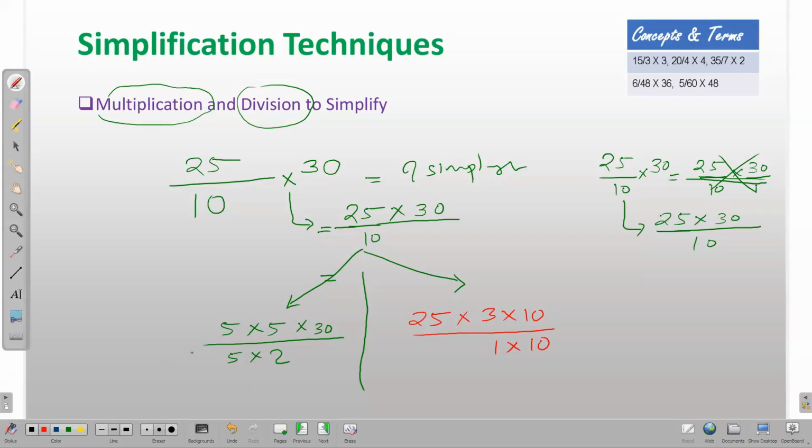Yet another kid is there. You know what that kid is doing? Kids are crazy, right? That kid is doing 25 into 2 times 15 divided by 2 times 5.